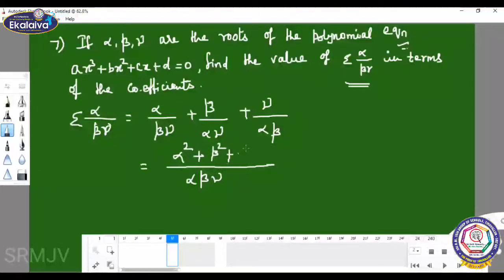Next, gamma square. See, the sum of the roots: alpha plus beta plus gamma equal to minus b by a.